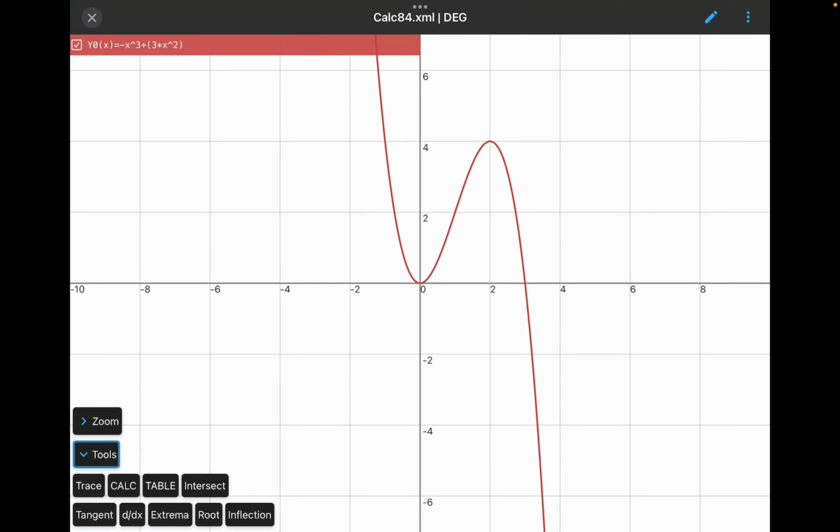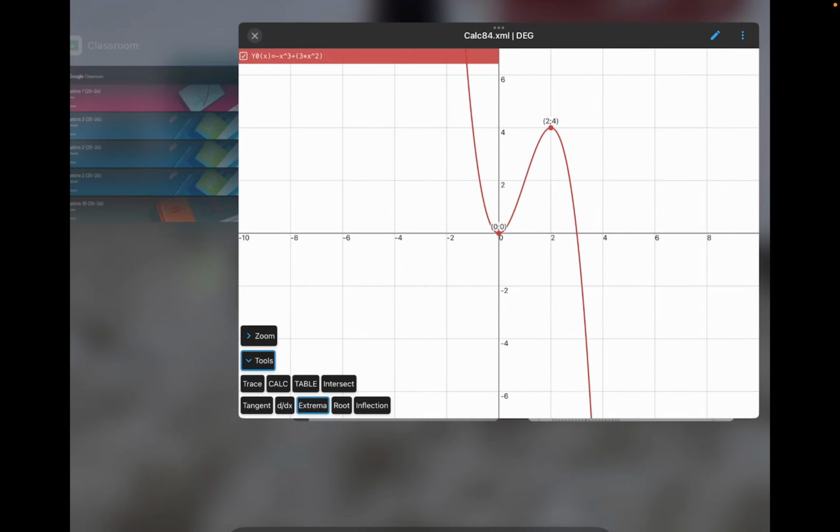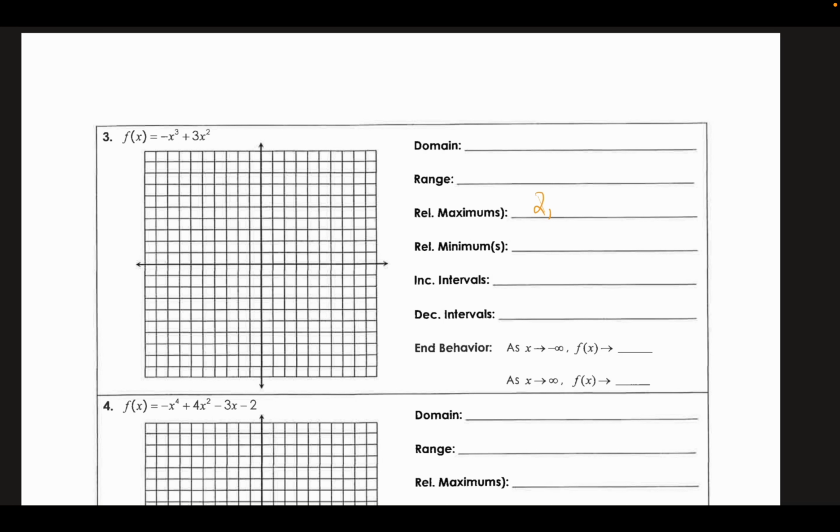And I'm going to look for my extrema again, my maxes and mins. And I see them here as 2, 4 for my relative maximum and 0, 0 for my relative minimum. So I'll go ahead and jot that down. And so I'll plot those points. And I know it followed this pattern.